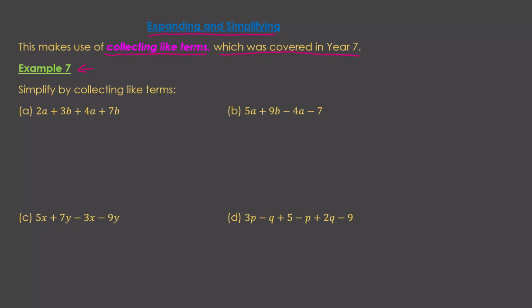That means I have two different types of object. I have a's, when we circle them with the sign in front, and I have b's. I can collect a's together and I can collect b's together.